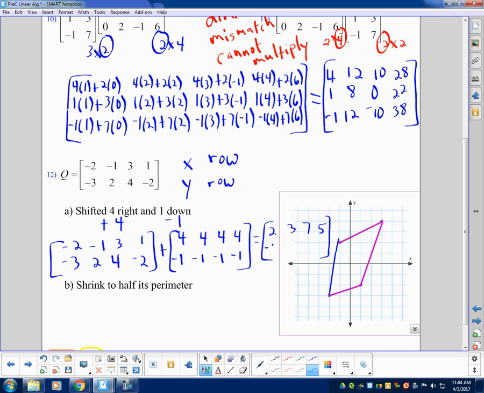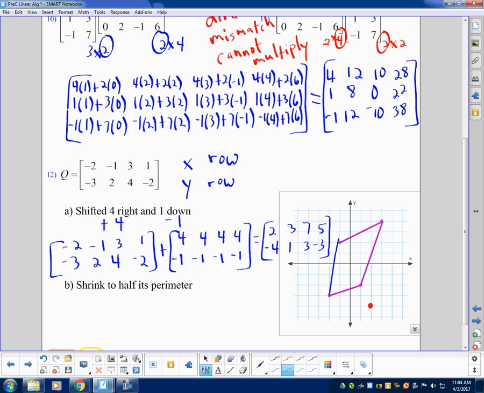And on the bottom I have -4. 2 minus 1 is 1. 4 minus 1 is 3. And -2 minus 1 is -3. So a quadrilateral shifted 4 right and 1 down would have the coordinates 2, -4.